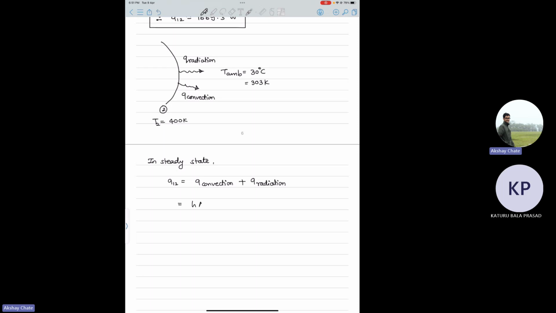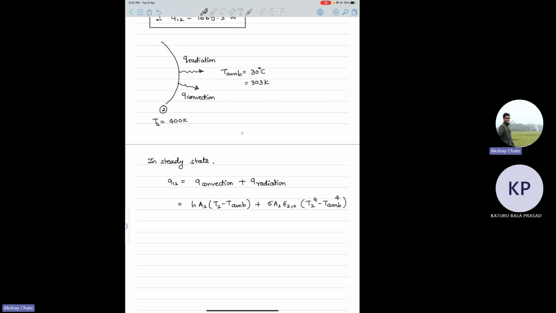It will be h A2 into (T2 minus T ambient). And what will be the radiation heat transfer here? It will be sigma A2 epsilon 2 outer into (T2 power 4 minus T ambient power 4).